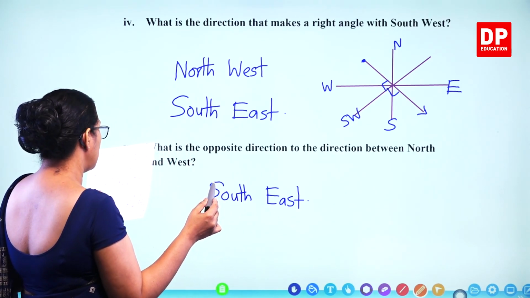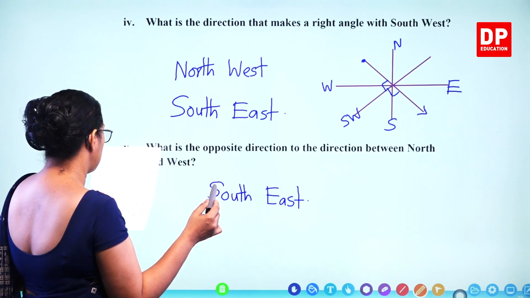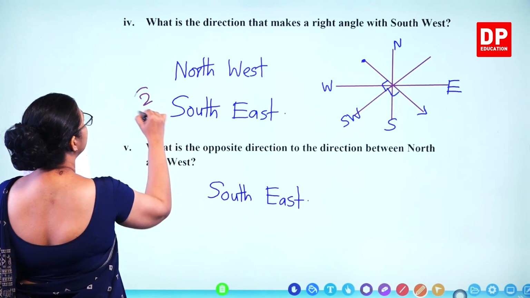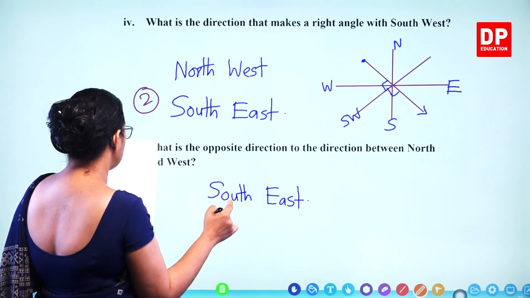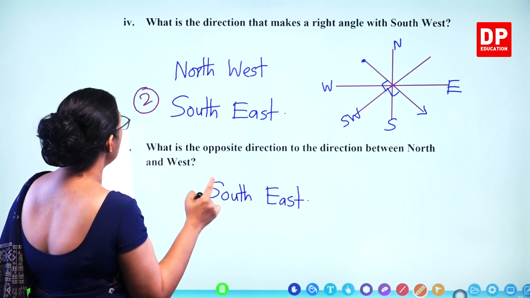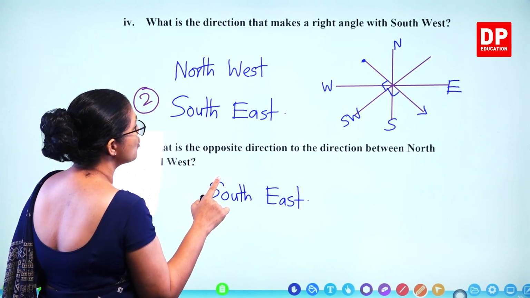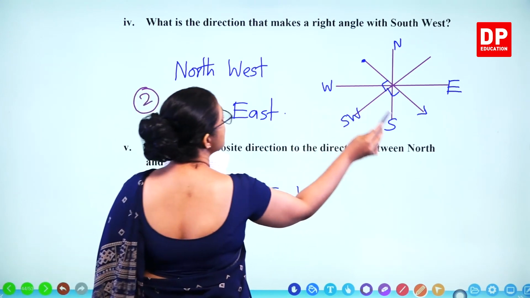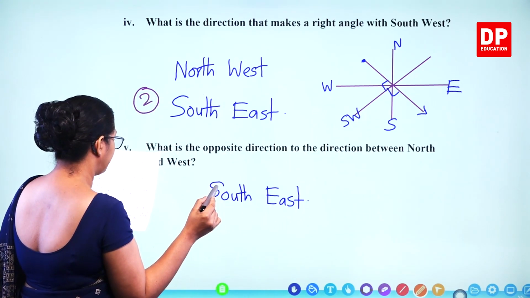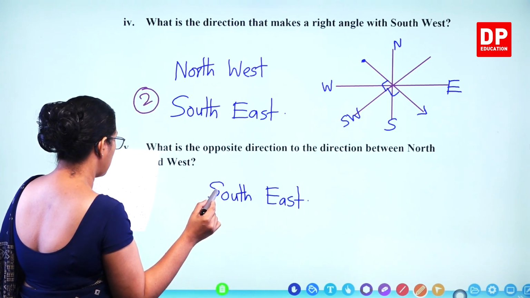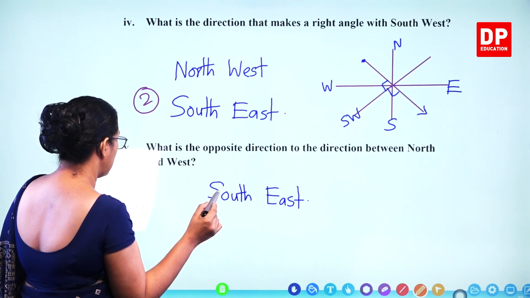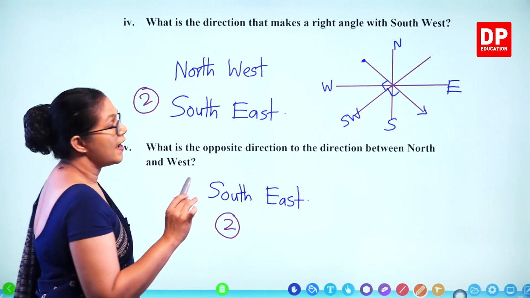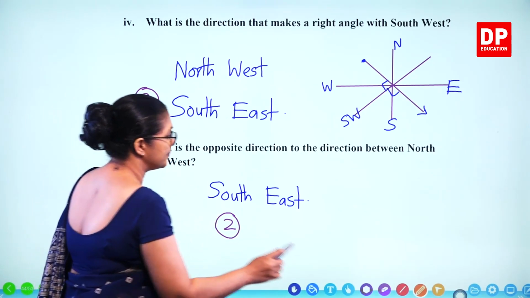North, west or southeast, 2 marks. And here, this one. What is the opposite direction to the direction between north and west? That's southeast. Southeast, you get 2 marks. So altogether, we gave 12 marks for that.